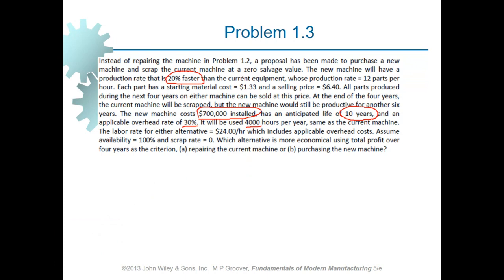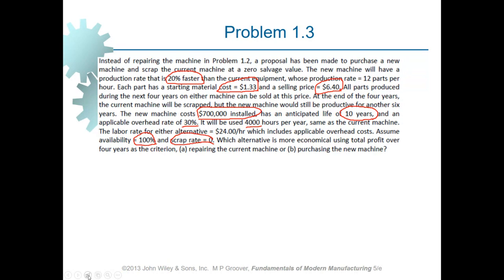And also, we know that we are buying the raw material for each part for this price, and we are selling the processed parts for this price. This is the other information that is given. The scrap rate is zero, and the machine is available 100% of the time.